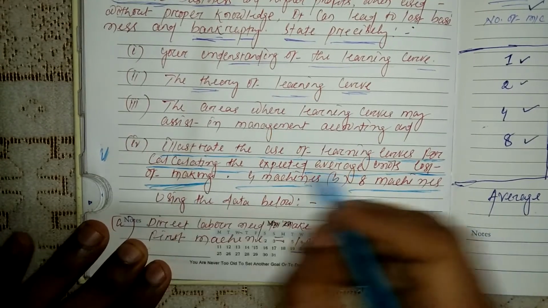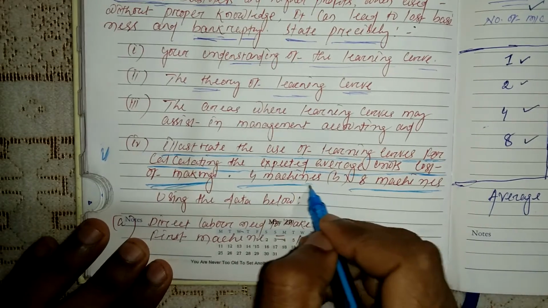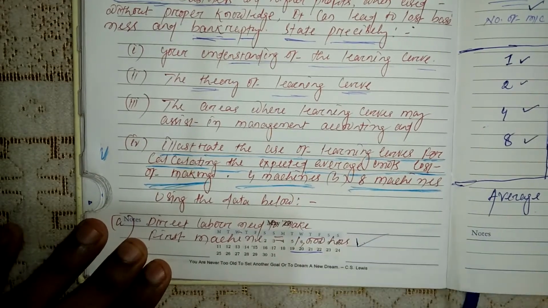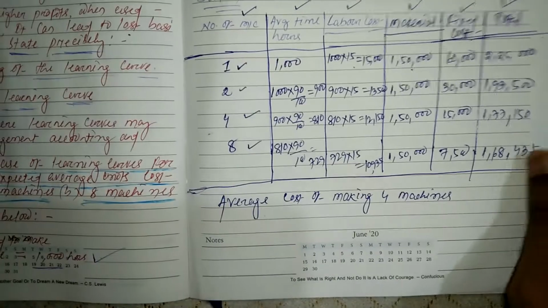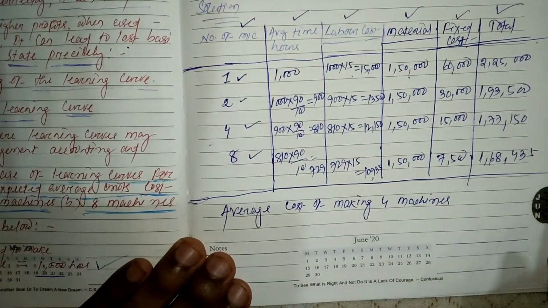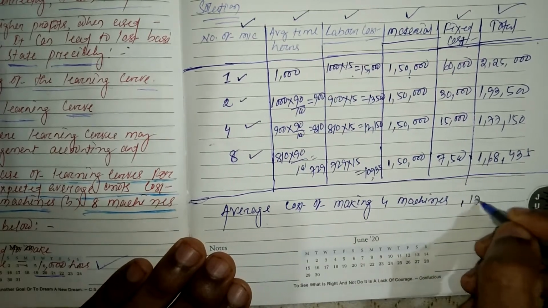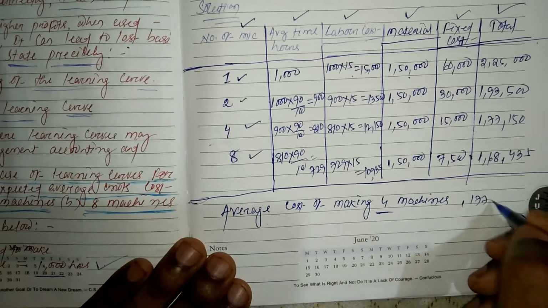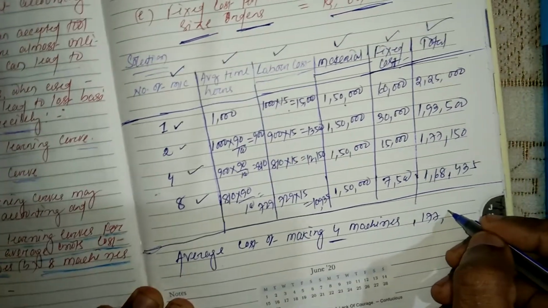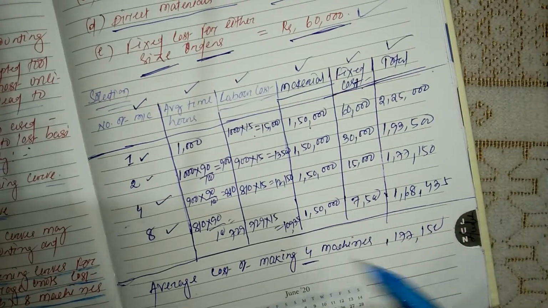Already given in the question: expected average unit cost of making 4 units and 8 machines. Accordingly, the average cost of making 4 machines will be 1,77,150, that is this one.